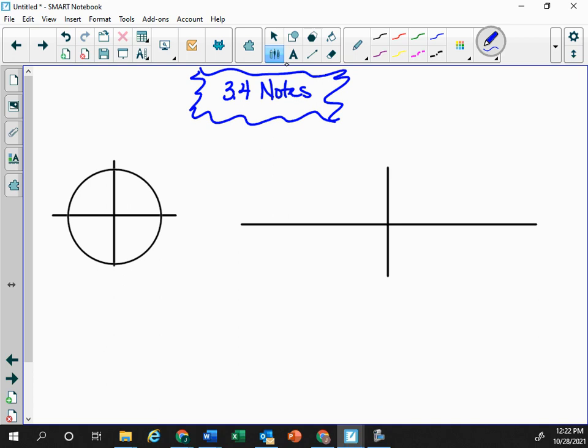The first thing we're going to graph is y equals sine of x. We are actually going to make a little table of values for our x and y.